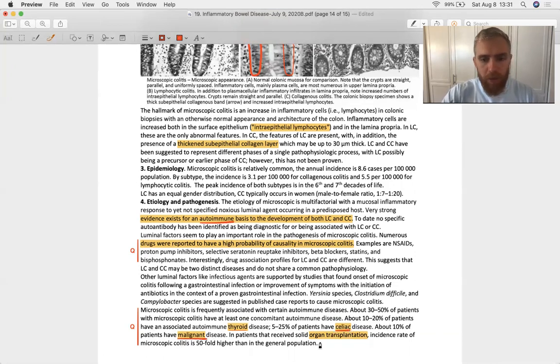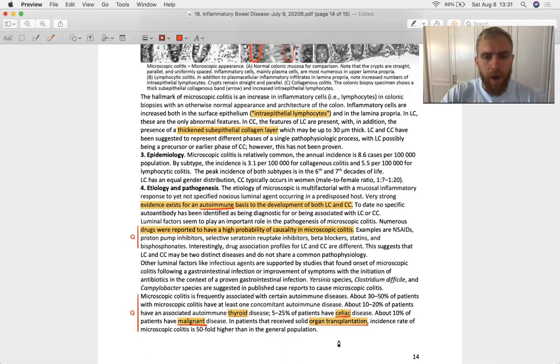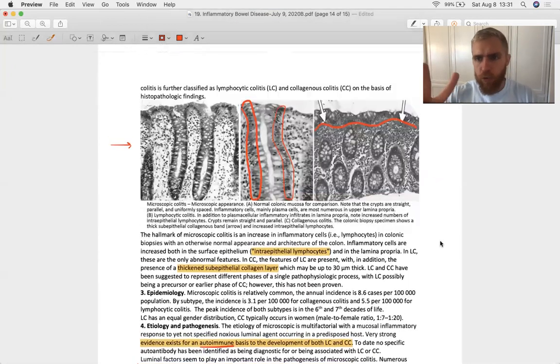Certain cancers and malignancies, 10% of patients with microscopic colitis have had cancer or have it, and organ transplantation as well. In people with organ transplantations, incidence of microscopic colitis is 50-fold higher than the general population. That's a lot higher.